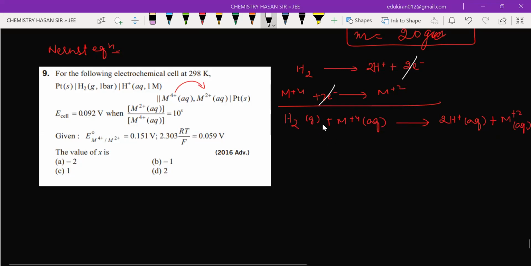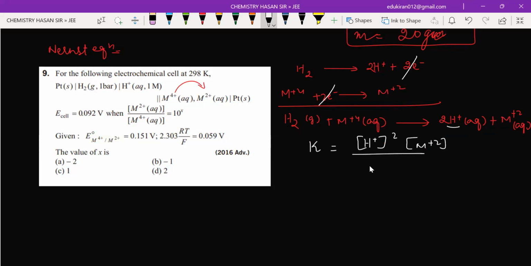Now, if you write the value of K, the equilibrium constant, the concentration of H plus will come in square, and M plus 2 as it is, power 1 as its coefficient is 1, upon H2 in gaseous state, so its pressure will be taken, into M plus 4 as it is. Just wait a minute. M plus 4.